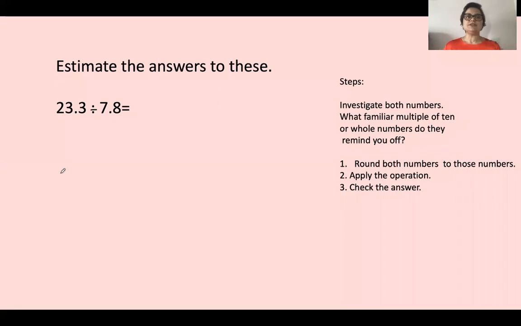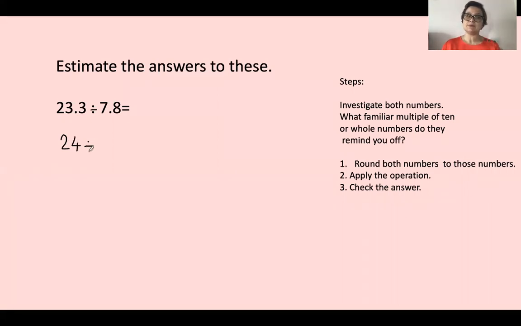Next question, 23.3 divided by 7.8. Again, looking at the numbers, 23.3 is closer to 24. I know someone might say, well, but this decimal 3 is smaller than 5, so you can't round up. It is simply an estimation. So I'm going to round it up just to make the calculation easier.